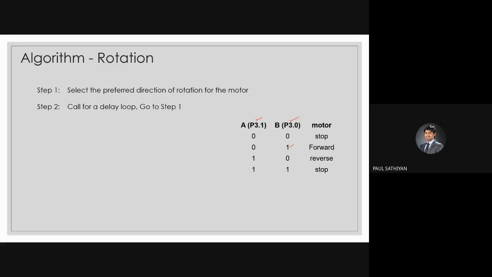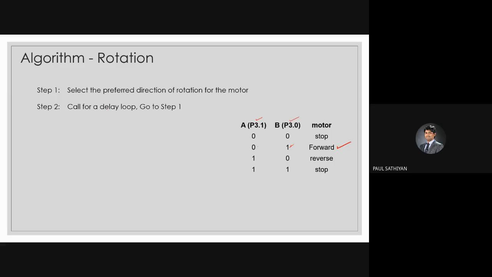That means I select the forward direction. If I select forward direction, then pin 3.1 is supposed to be 0 and pin 3.0 is supposed to be 1. So let's go ahead. Now I have selected that I want the motor to rotate in forward direction. For that, I have to make pin 3.1 and pin 3.0 as 0 and 1 respectively.